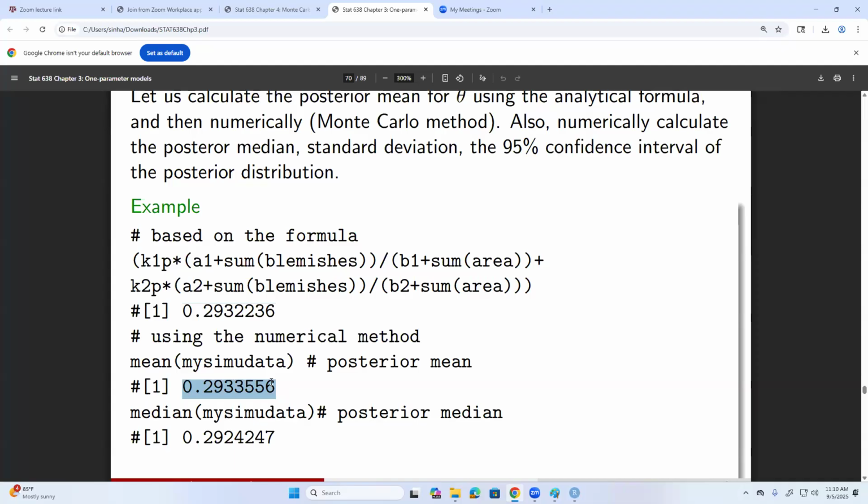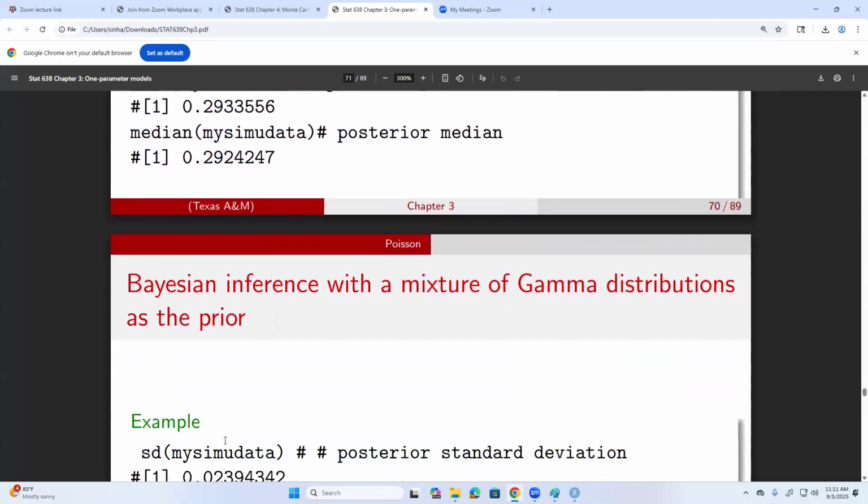So you get the mean using the numerical approach. And this is most relevant in the practical setup. In most practical setup, you don't have the analytical form. It's very difficult to obtain the analytical form. So you rely on the posterior samples, then use the posterior samples to calculate mean, median, mode, or any other probability. Median came out to be 0.2924.